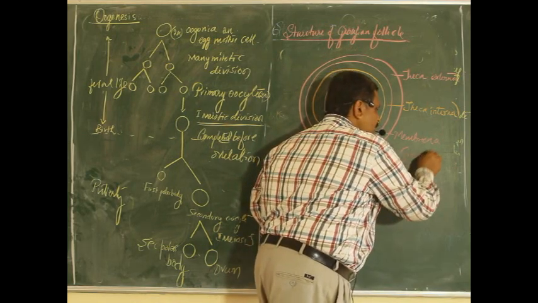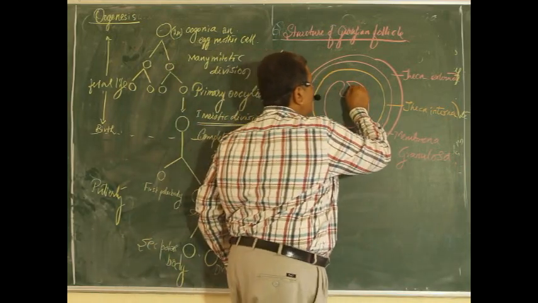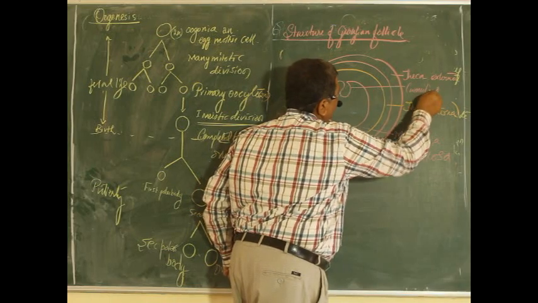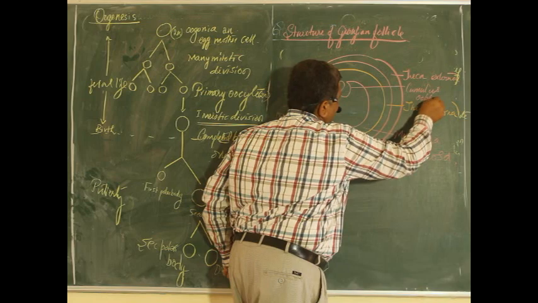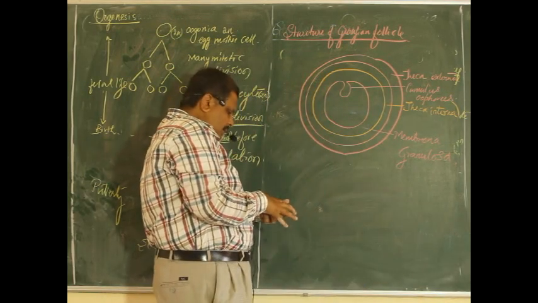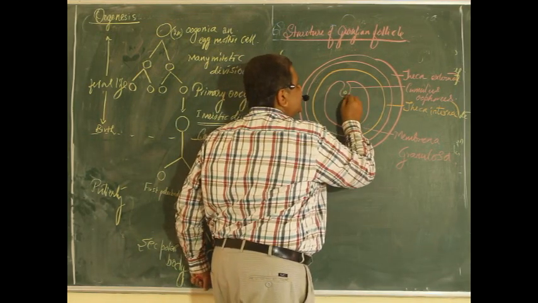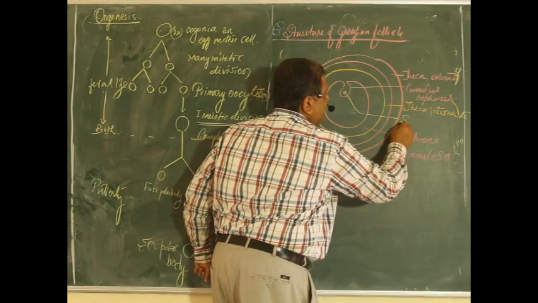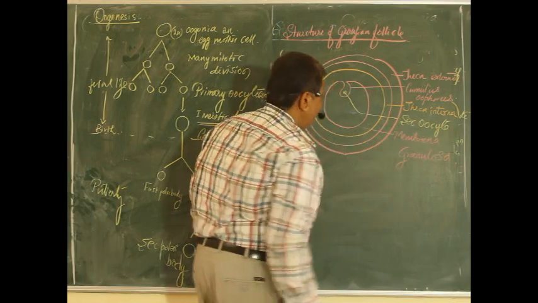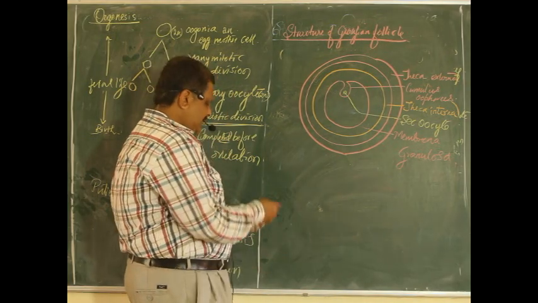And this layer is cumulus oophorus. And inside that, this is called secondary oocyte. Membrana granulosa, secondary oocyte.